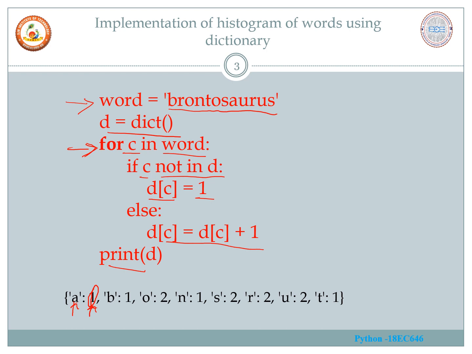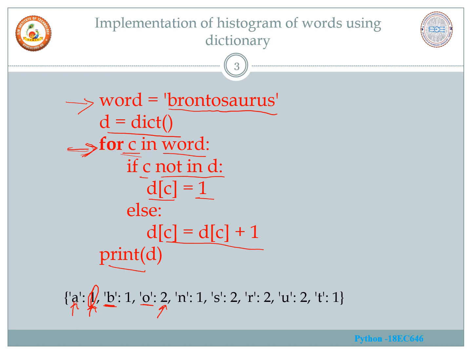Each time, the loop used in the program traverses through a character. If the character c is not in the dictionary, then we create a new item with the key c. If c is already there in the dictionary, then its value will be incremented.